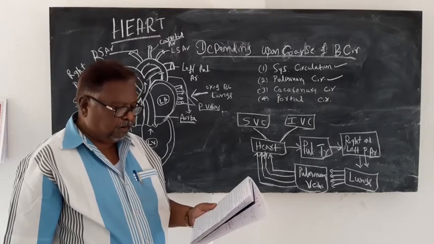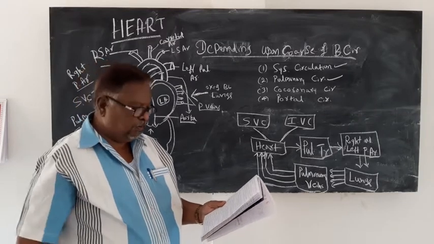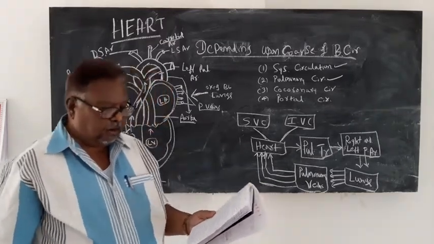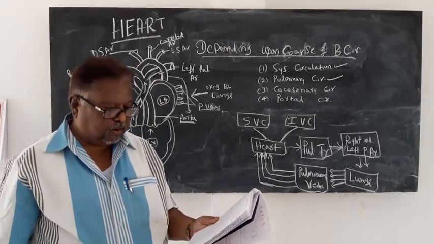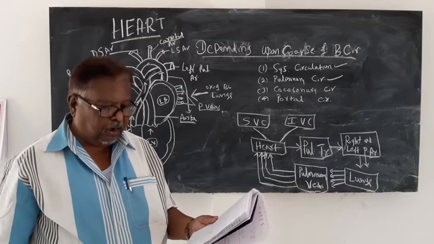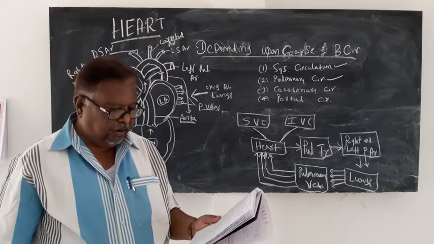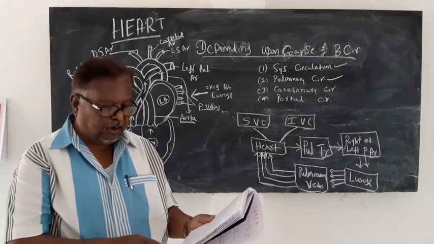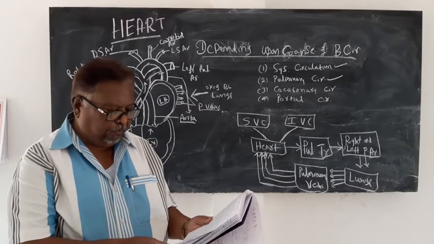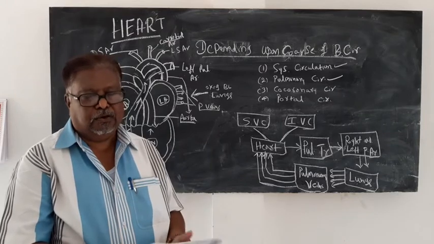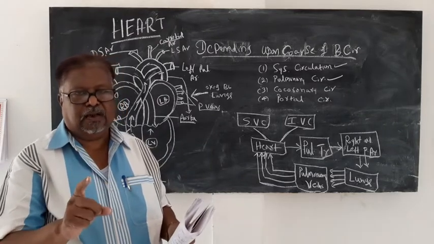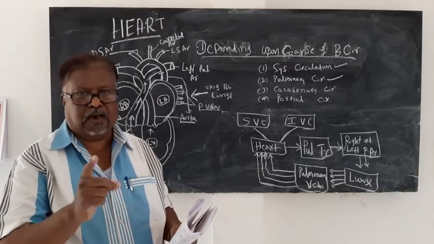In the pulmonary circulation, this is a very important point. The pulmonary arteries carry deoxygenated blood towards the lungs for purification, and pulmonary veins bring oxygenated blood from the lungs to the heart for pumping to different parts of the body. So here the exception is there. The arteries are veins, veins are arteries.